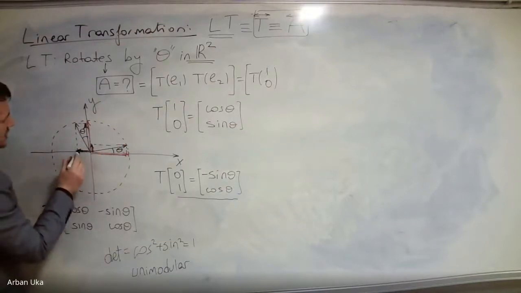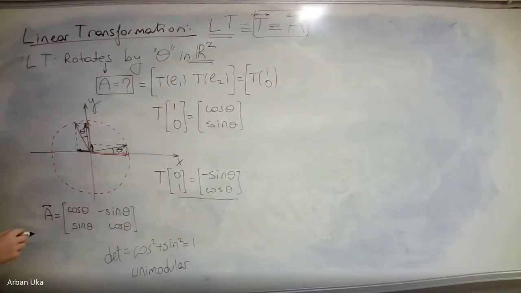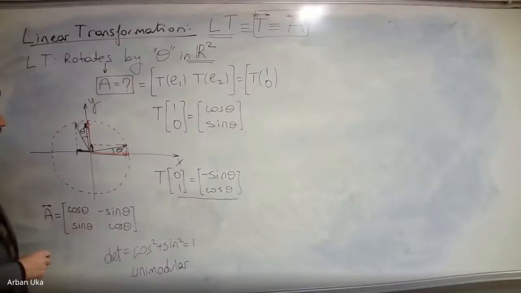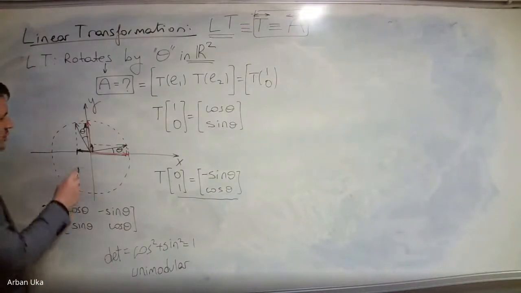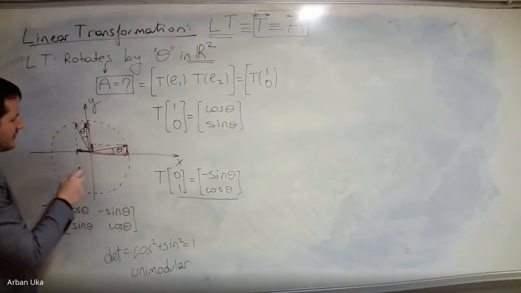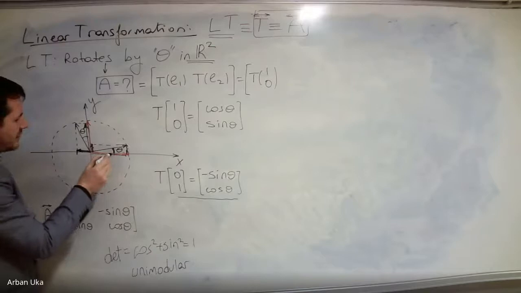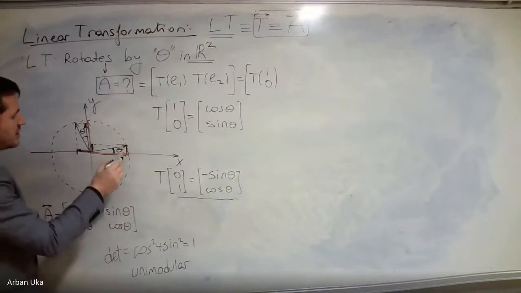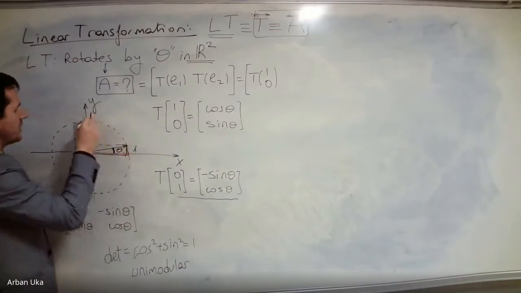So what is the x value? Is it positive or negative? The x value is negative. It's negative. How much negative? Since this angle is theta, imagine this is a circle with radius 1, okay?